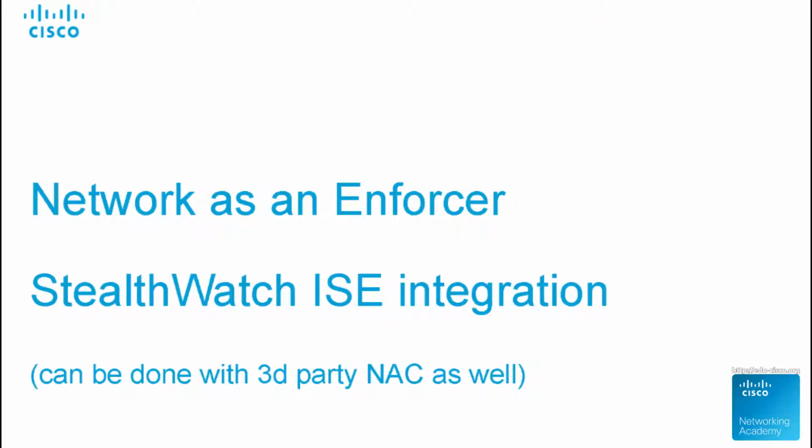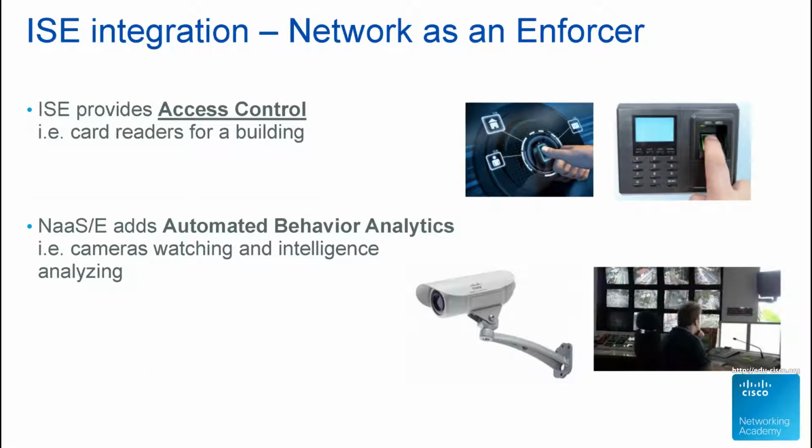Right, so let's talk a little bit about ICE and the ICE integration of StealthWatch. Like I mentioned, a good way to think about ICE is the security guard or the access control at the edge of a building. You want to go into the door, you need to provide credentials. You need to identify yourself, okay? We are kind of the surveillance camera that looks at once you enter the building, we're giving you access to see everything that you do.